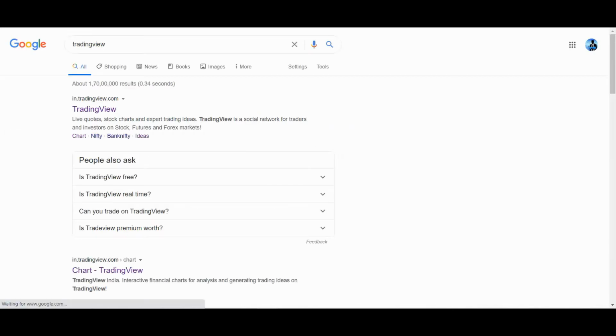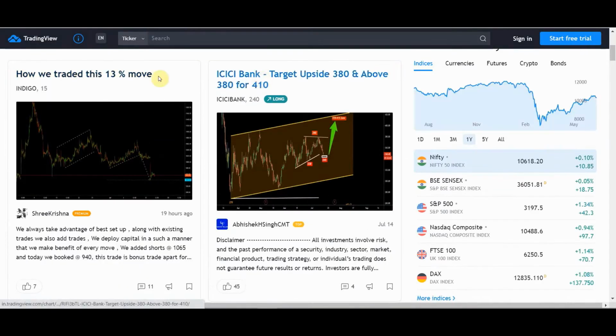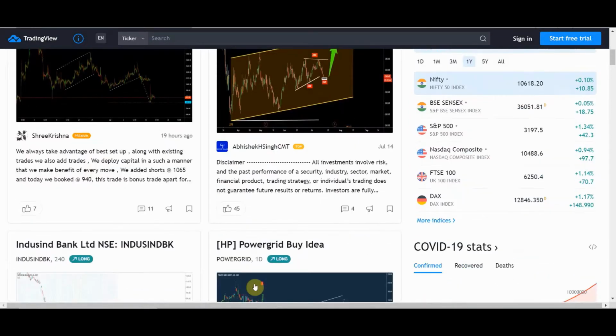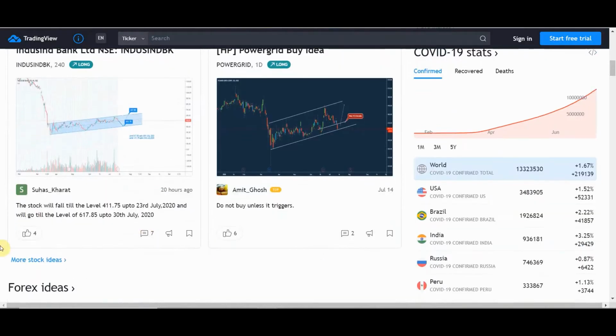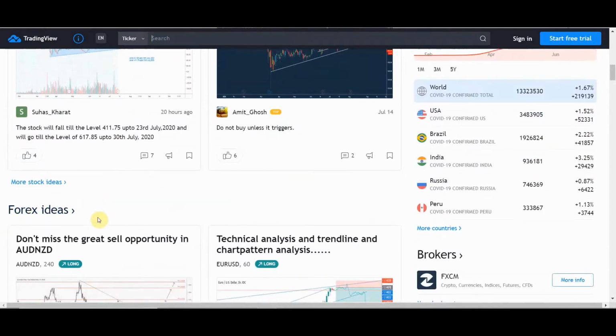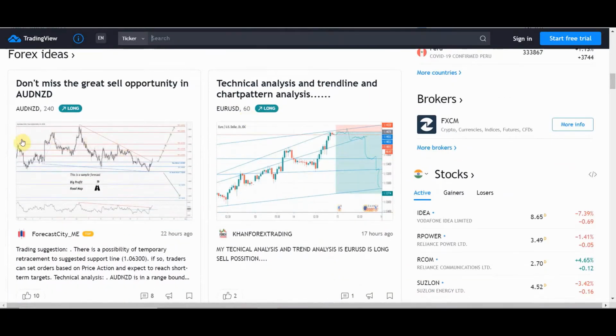Coming back to the home page, we can see different traders have posted different stocks, in this bank, ICICI Bank, etc. There are forex ideas also. As I told you, it is an international website, so almost all the stocks are here.